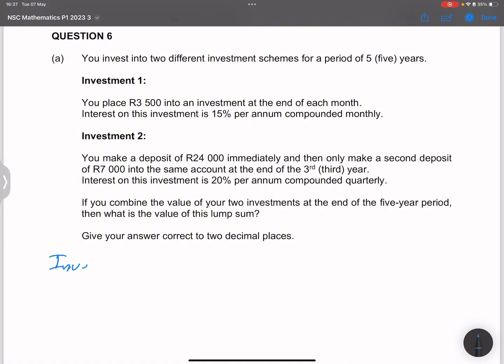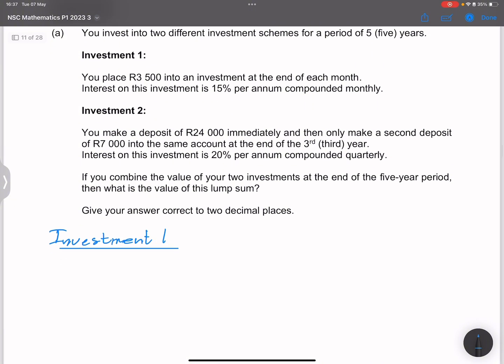Let's start with investment 1. We know that we are contributing an annuity in that case, so we are looking for a future value. So I'm going to use my future value formula: that's 1 plus i, exponent n, minus 1, divided by i. In this case, we're depositing 3,500.